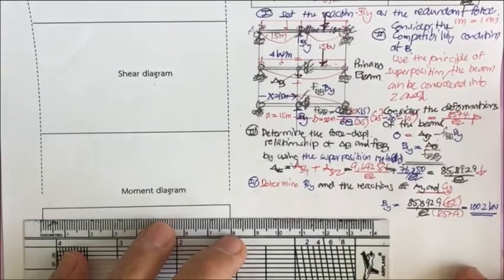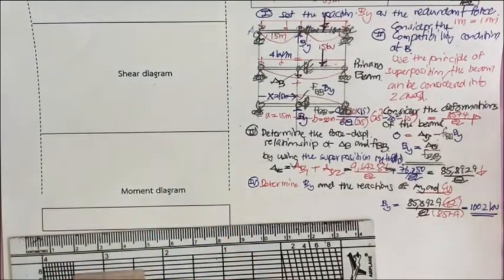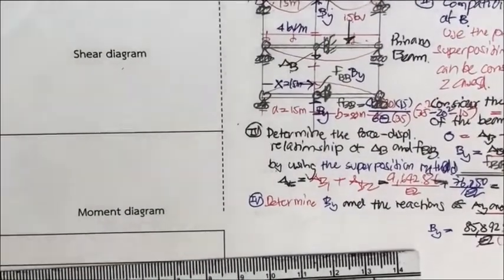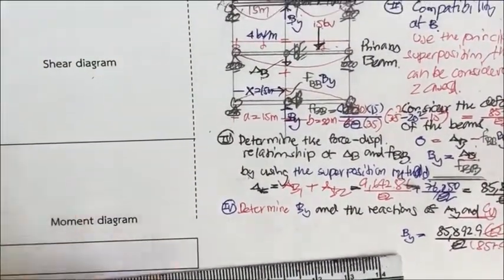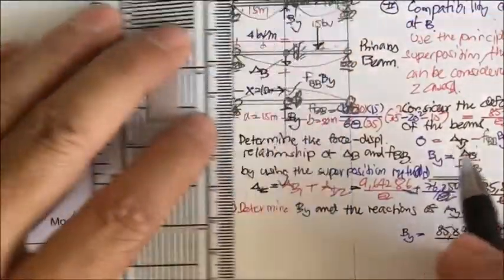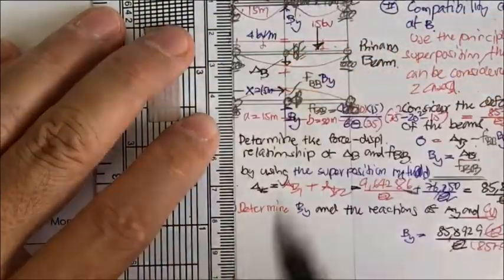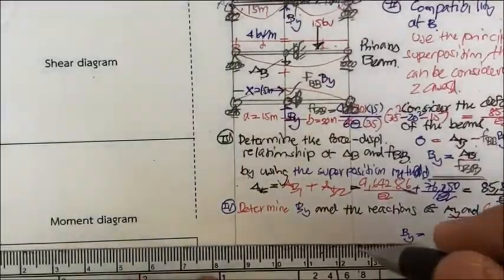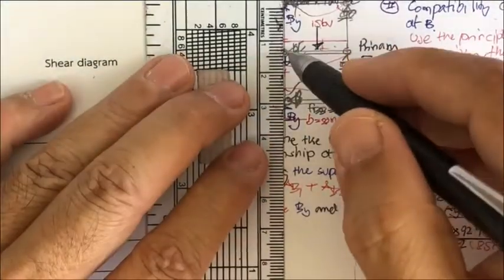So we go a little bit further on this, our B sub y, and we do again as before. Actually, we like to draw this one, and we also have this one.